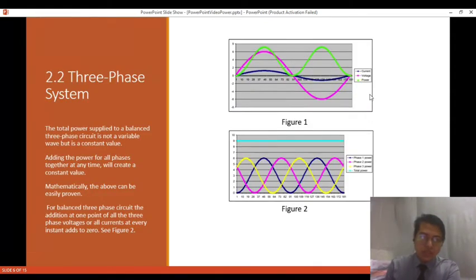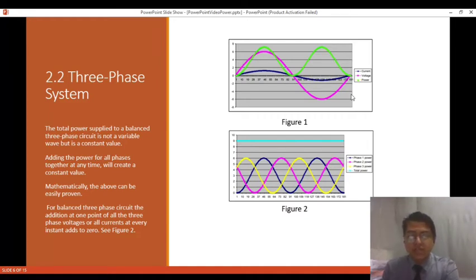And 2.2, three-phase system. The total power supplied to a balanced three-phase circuit is not a variable wave but is a constant value. Also, adding the power for all phases together at any time will create a constant value. Mathematically, this can be easily proven.